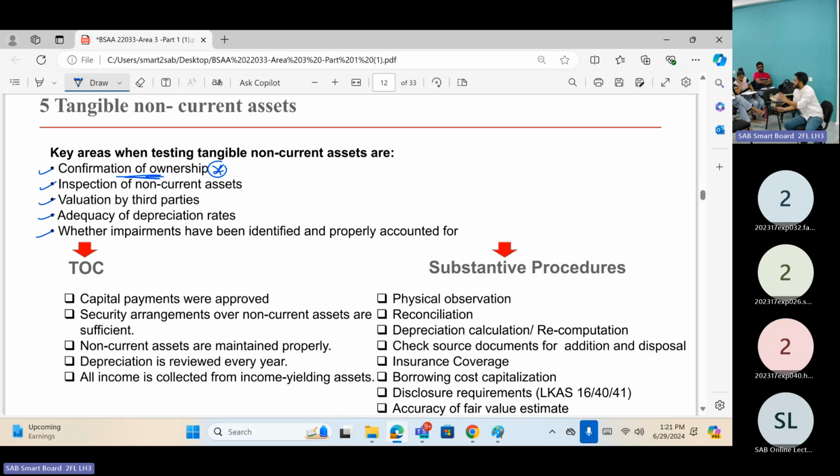Daily we have transactions. If it is so, can we audit by using a full substantive approach? During the period, additions may be millions of transactions. Okay? So you can't do that. If it is so, we have to use the TOC plus substantive approach.